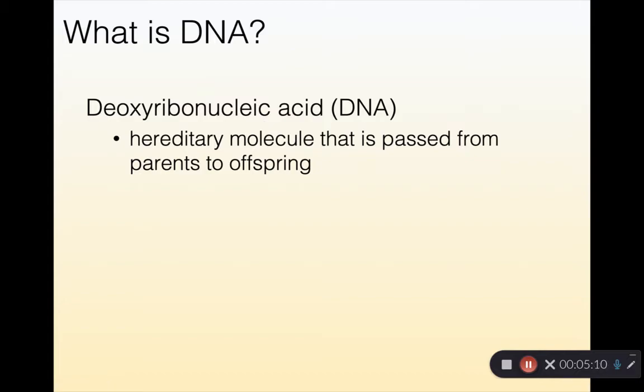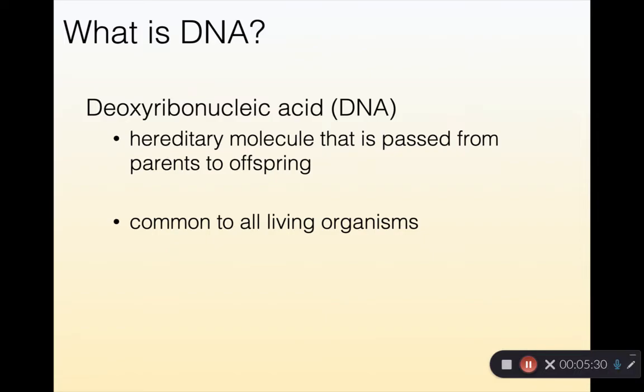This is really just the hereditary molecule that is passed from parents to offspring. This is what enables physical and genetic traits to be passed on from generation to generation. And importantly, DNA is common to all living organisms.